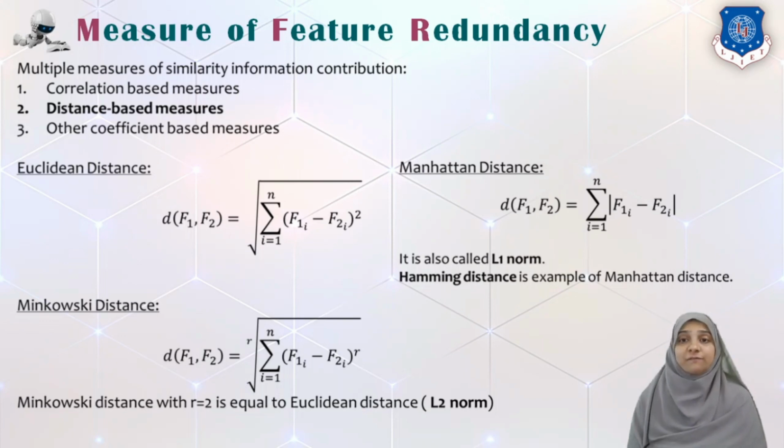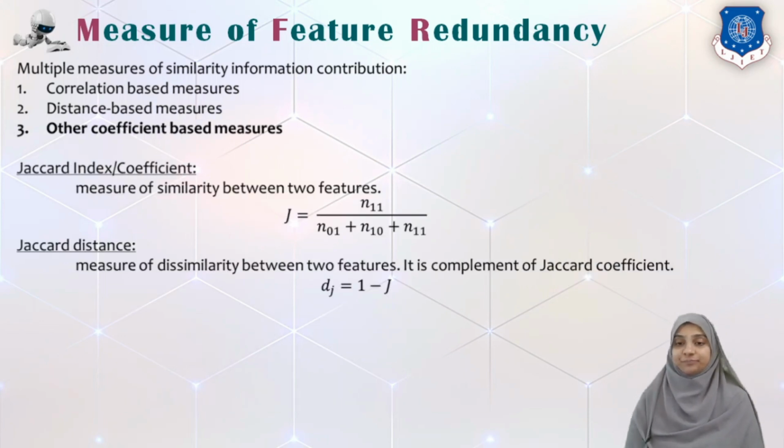So d of f1 comma f2 is the summation over i equal to 1 up to n data points of the modulus of f1 minus f2 at i. This is the same as our Minkowski distance with r equal to 1. That's why it is also called the L1 norm. Whenever we calculate Hamming distance, it is an example of Manhattan distance.